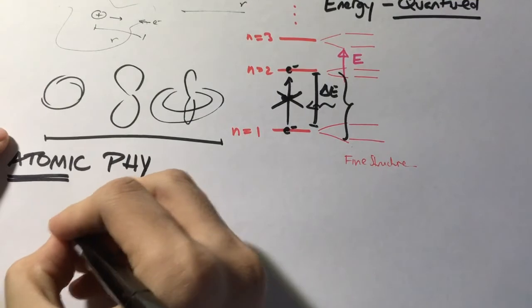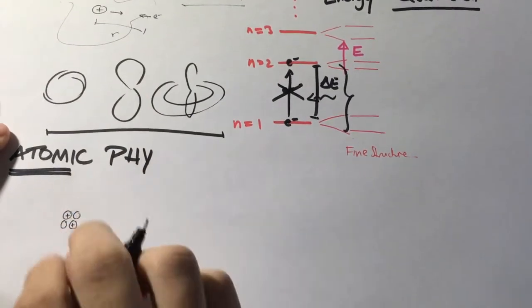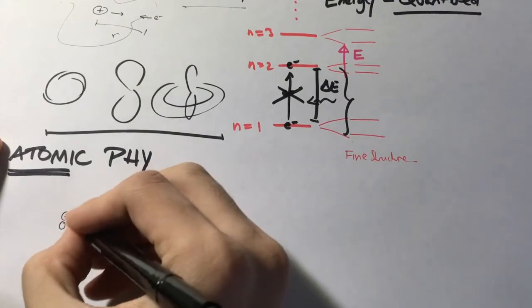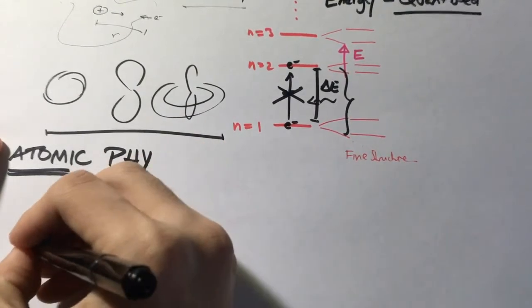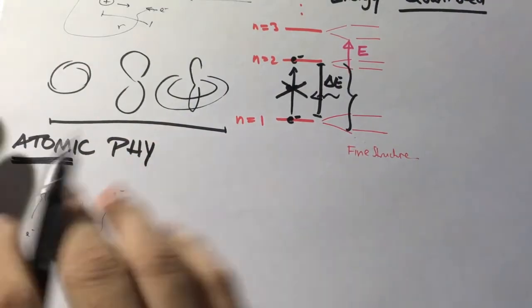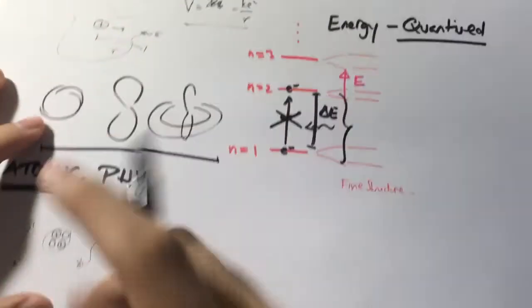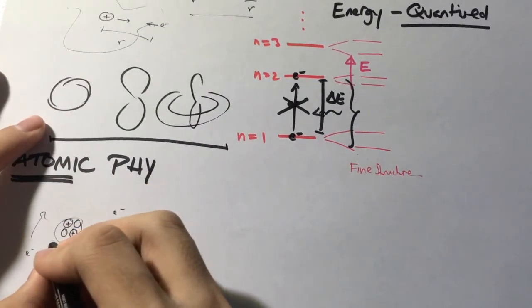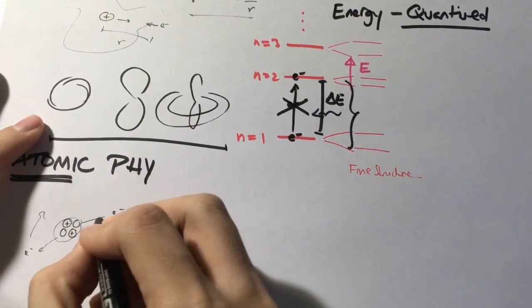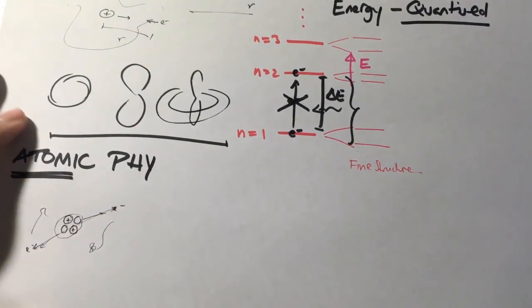So for example, a helium atom, where you have a helium nucleus looking like that, and you have 2 electrons whizzing about instead. The fact that you have two electrons makes it a lot more complicated, because now the potential is not this simple term, but depends on the nucleus interacting with both of the electrons, but also the electrons interacting with each other as well.